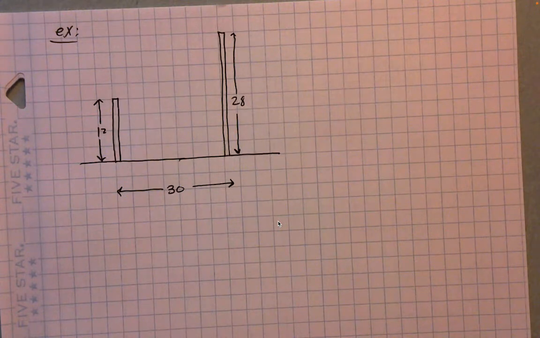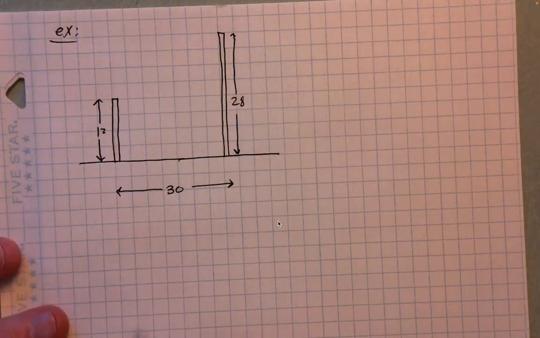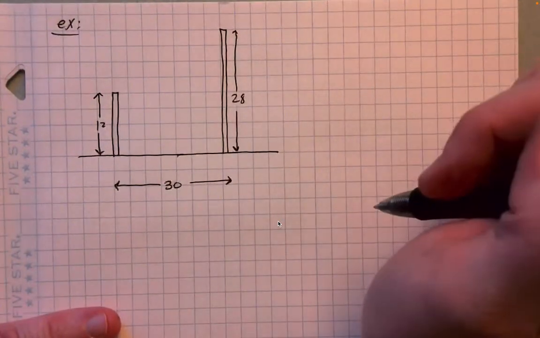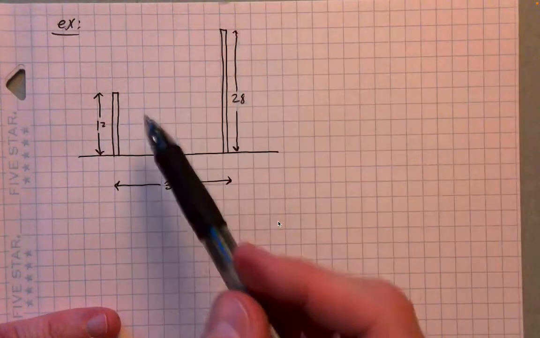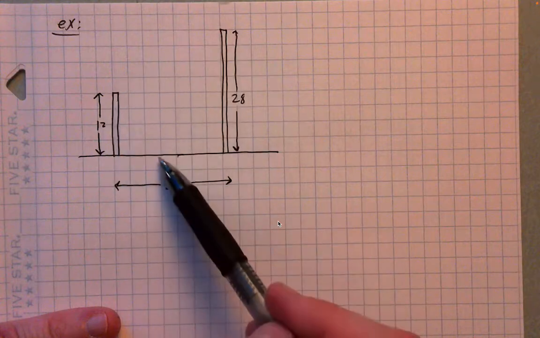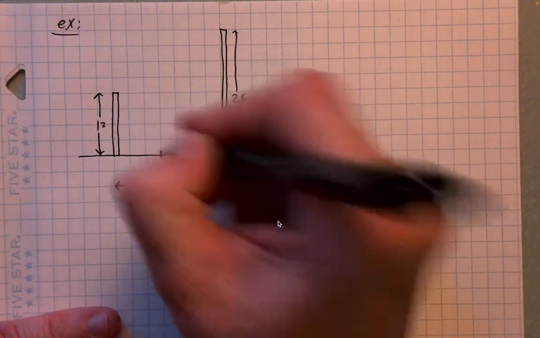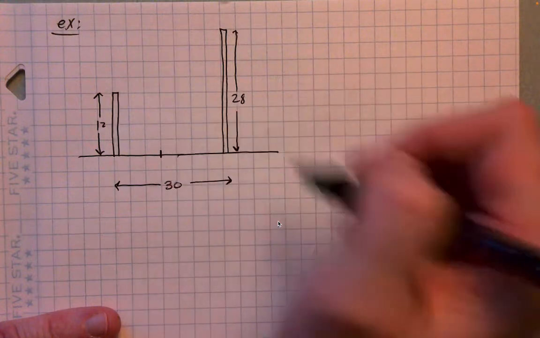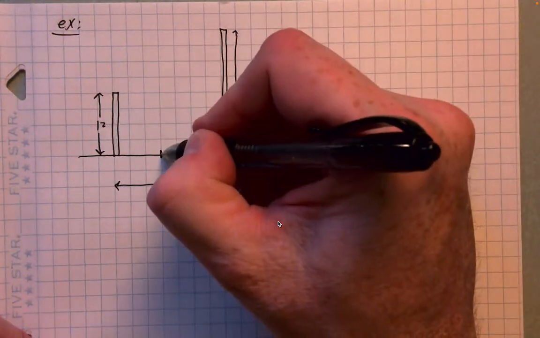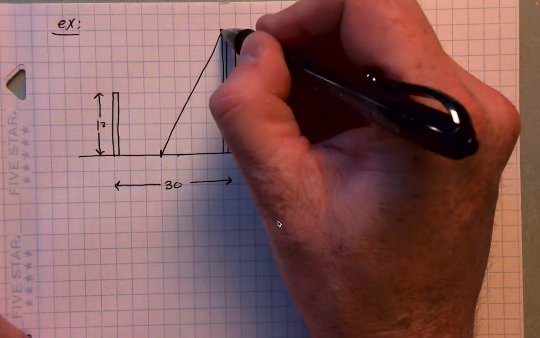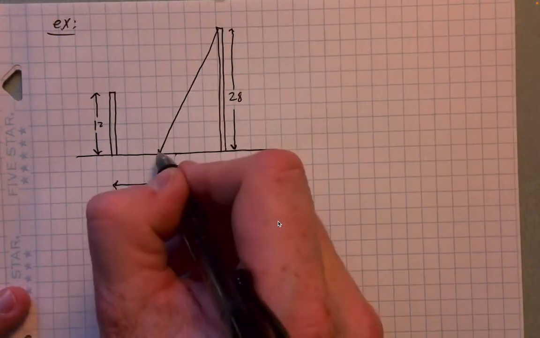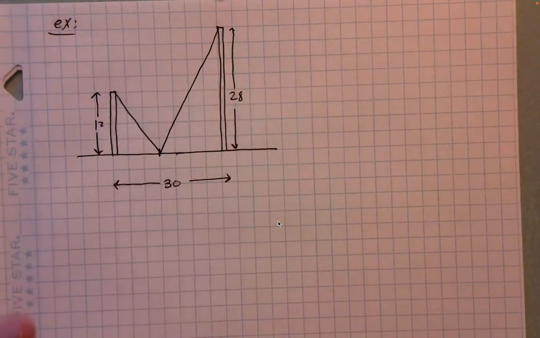Now, there's going to be a wire connected to the top of each of them that comes all the way to the ground. So I'm just going to put a marker here. Let's say that's some stake in the ground, connected to a wire that goes all the way to the top of that one and all the way to the top of that one.